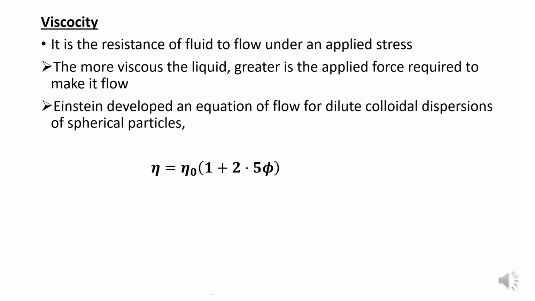That means as the particle concentration, phi, increases, viscosity rises linearly. The factor 2.5 is specific to spherical particles in linear systems. This equation is valid only for low concentrations where particles do not interact strongly.